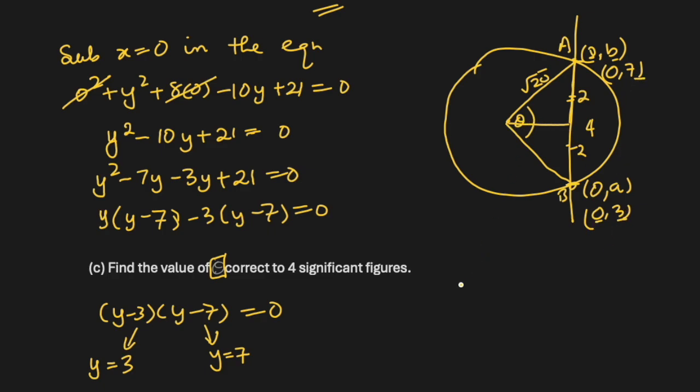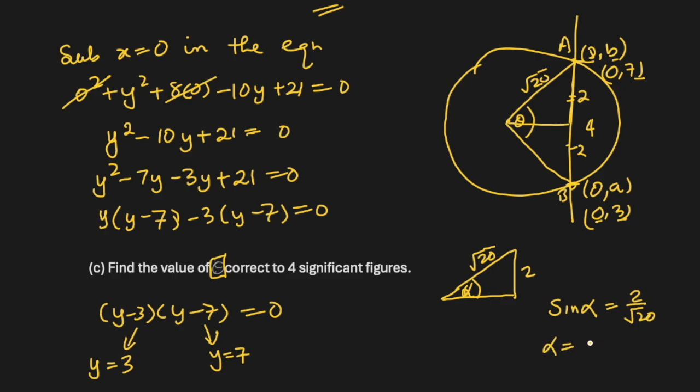So now I can find the angle with the help of trigonometry. Square root 20 here, 2 here, and this was theta, so let's call this alpha, which is half of theta. Sine alpha will be equal to opposite over hypotenuse.